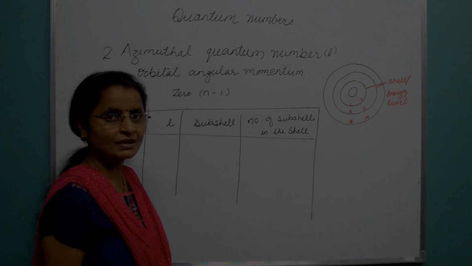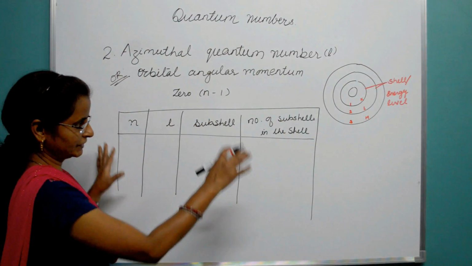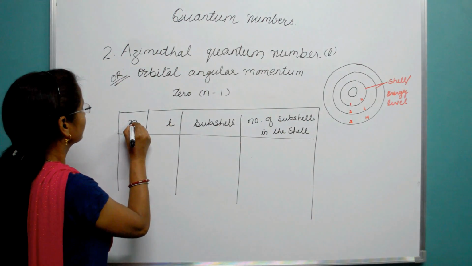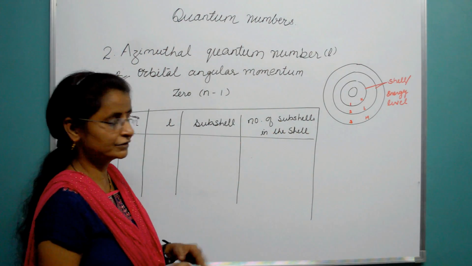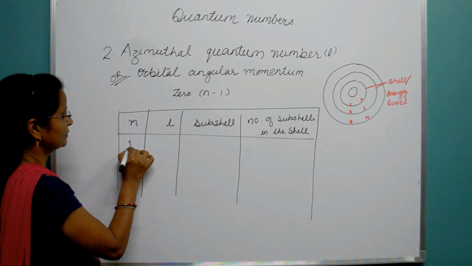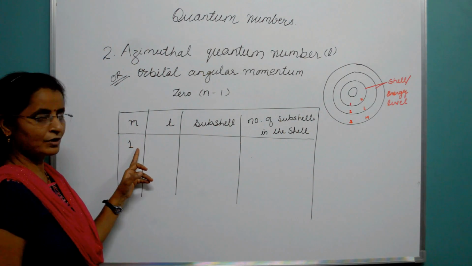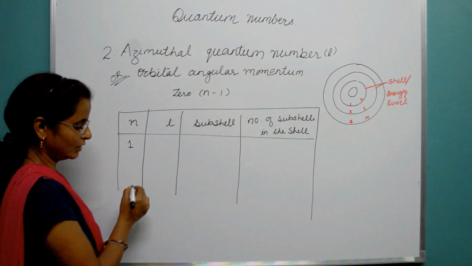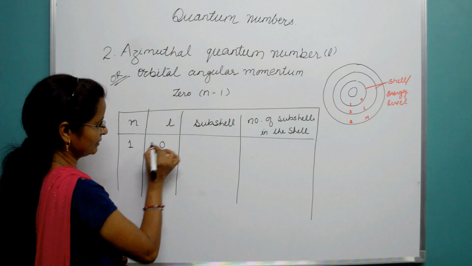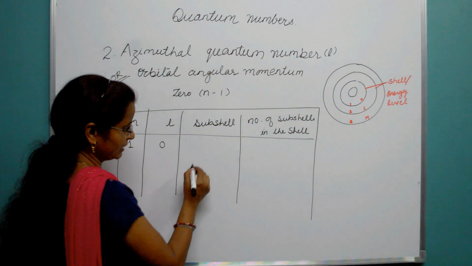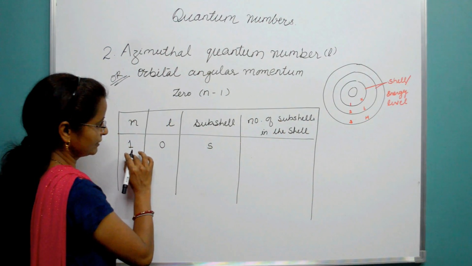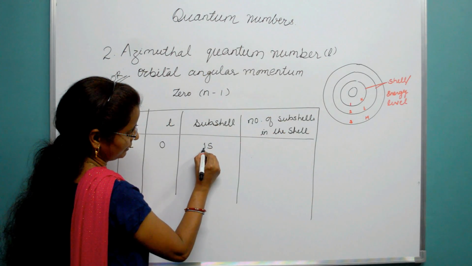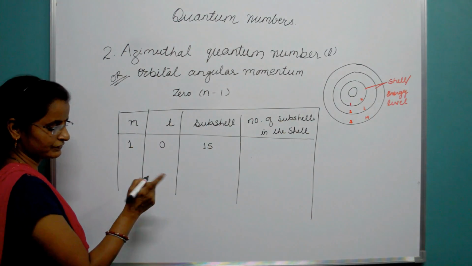Now, in tabular form I am going to explain how the values of n and L depend on each other. If n is equal to 1, meaning the principal quantum number is 1, the first energy level, then the value of L is 0, and the subshell is s, which is 1s.